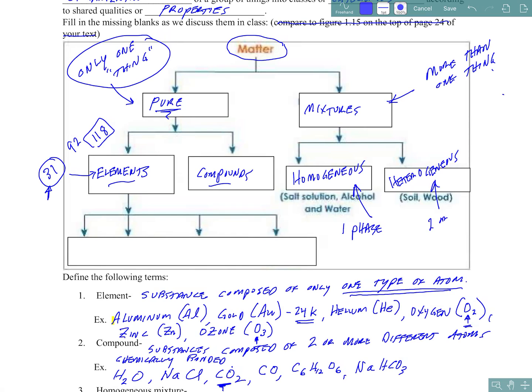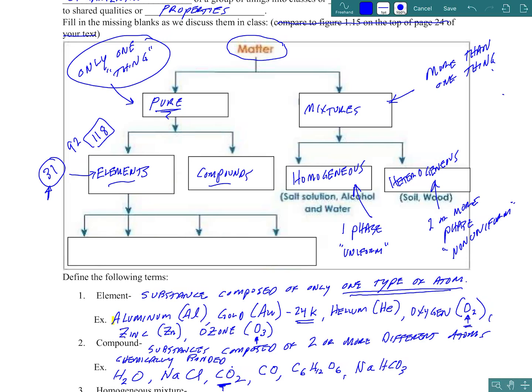And heterogeneous mixtures I like to think of as having two or more phases. Homogeneous mixtures, we like to say, are uniform mixtures. And heterogeneous mixtures, we like to say, are non-uniform.